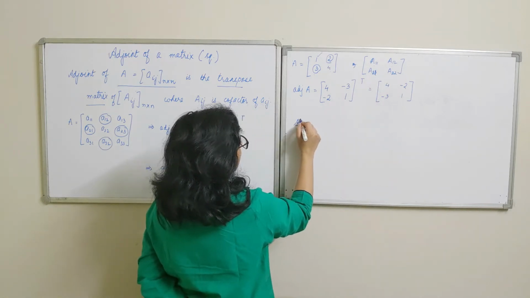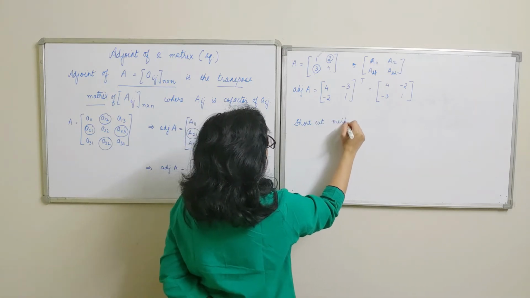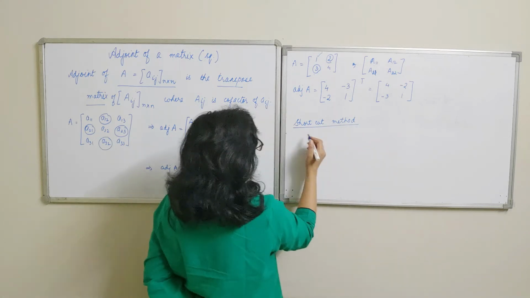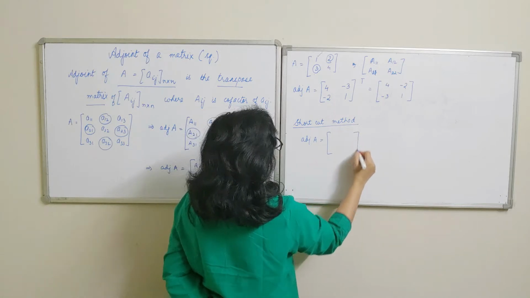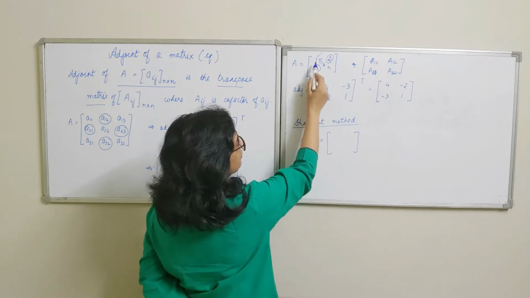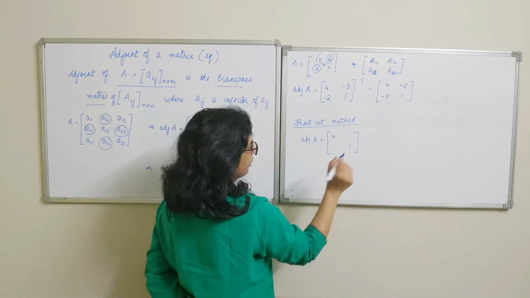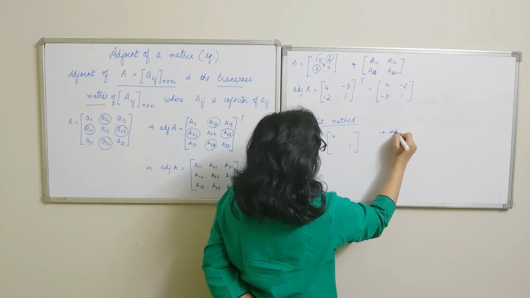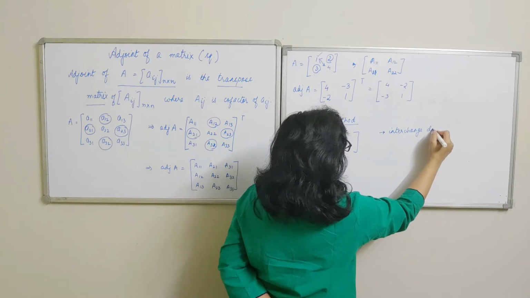Now there is a shortcut method that helps us find out adjoint of a 2 by 2 matrix. The shortcut method is applicable only for a 2 by 2 matrix. So if you notice here, in this example only, the adjoint is obtained by interchanging the diagonal elements. See, diagonal elements interchange gives you 4 and 1. Alright, so what we have done here is, the first thing we have done is interchange diagonal elements.